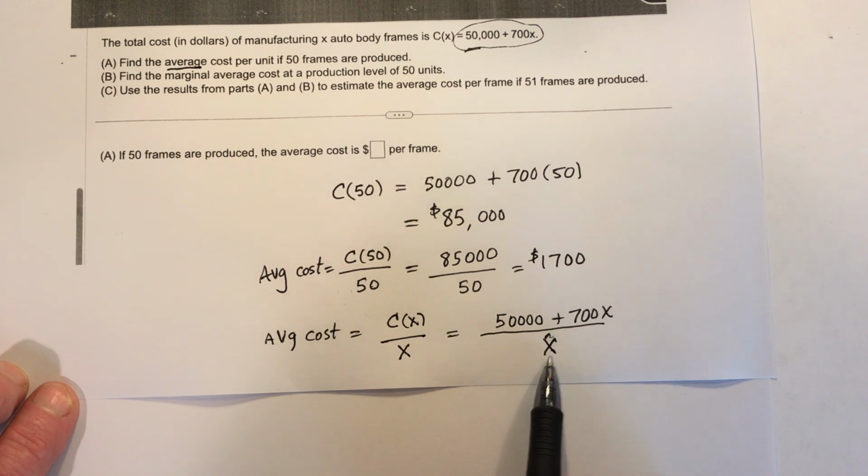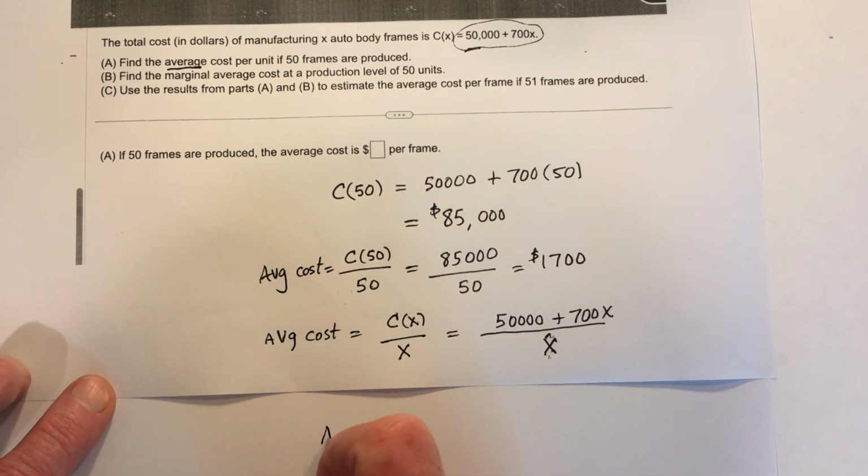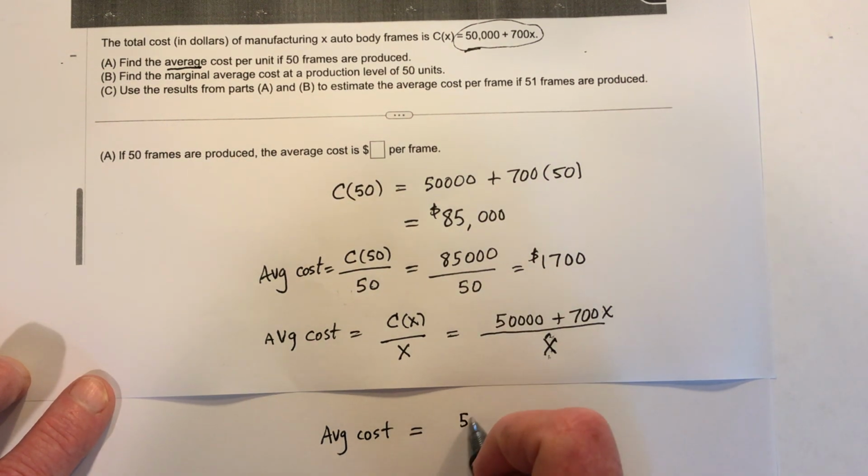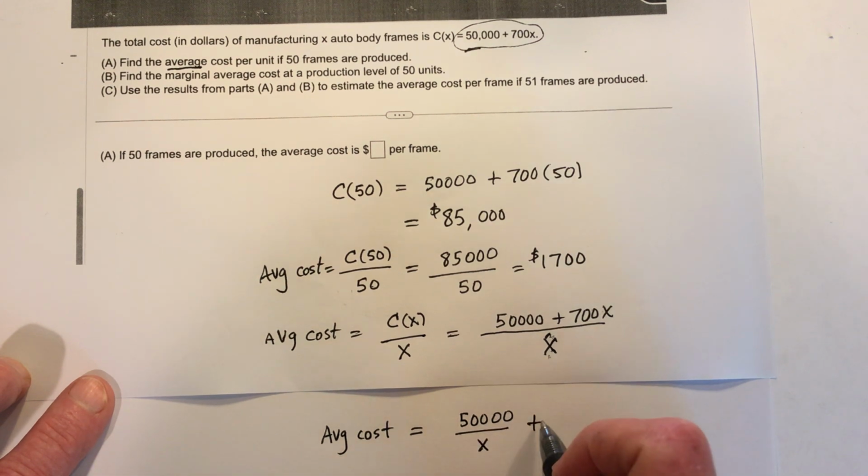So when you have one thing on the bottom, you can say it's this divided by x plus this divided by x. So the average cost function now equals, so take 50,000 divided by x plus 700x divided by x.